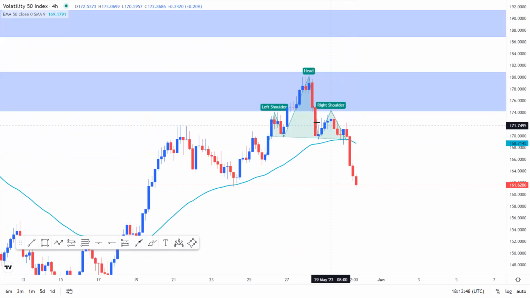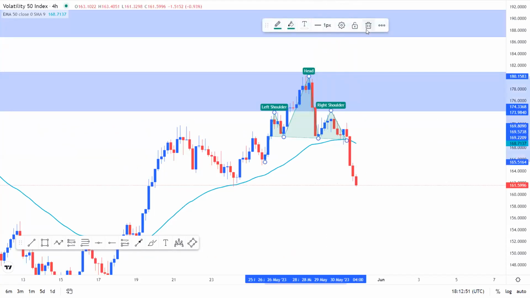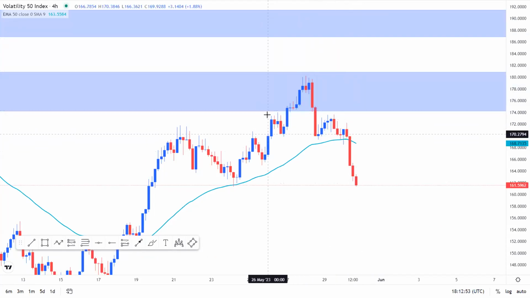So very clearly, having seen a reversal chart pattern at my area of interest is enough confirmation that the market is very much ready to start heading to the downside.